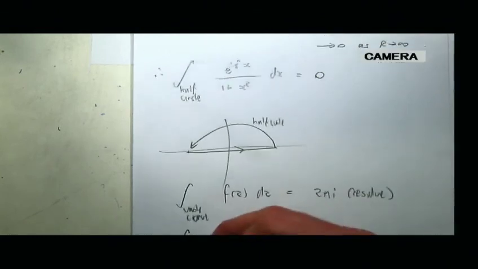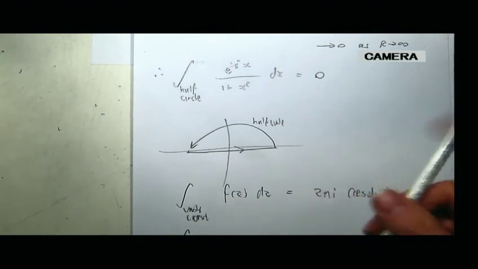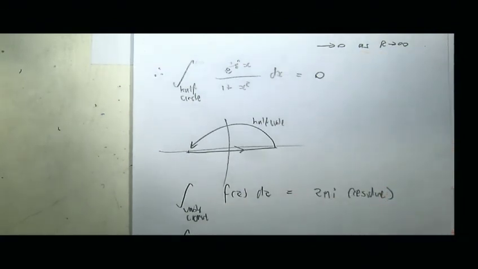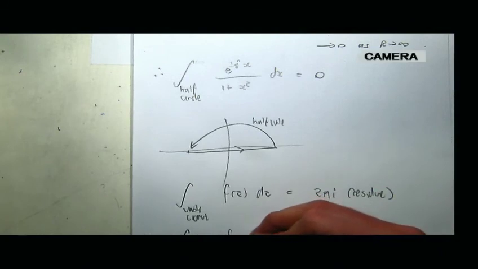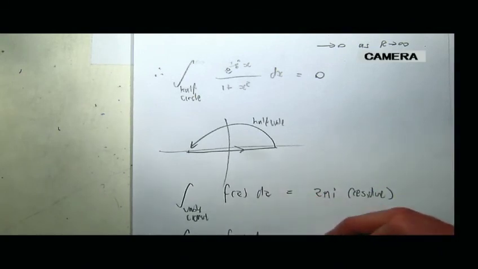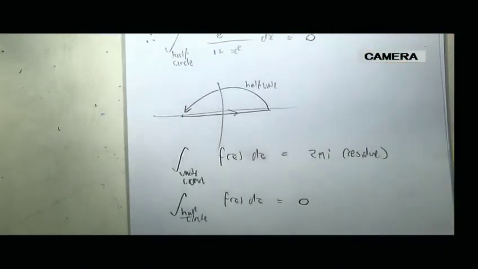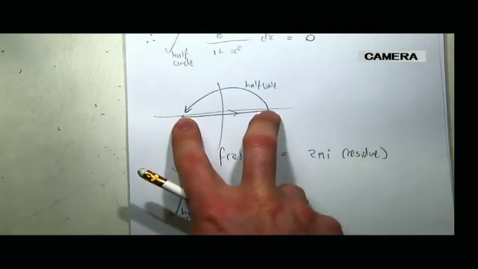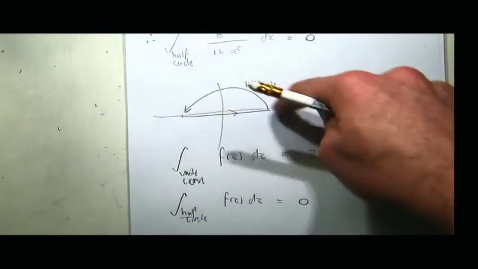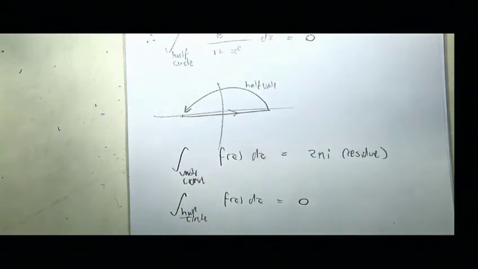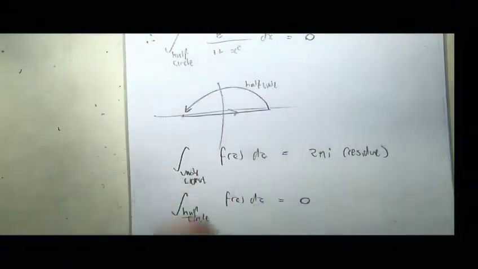The integral around the half circle, when I've got e to the I x, is 0. And so the integral here should be the whole integral minus the half circle, so it's the same as the whole integral, because this bit plus that bit gives me 2 pi I times the residue.